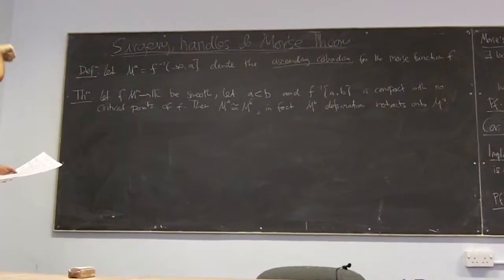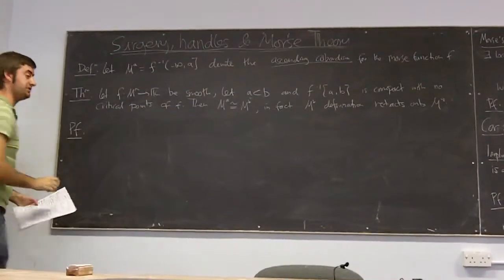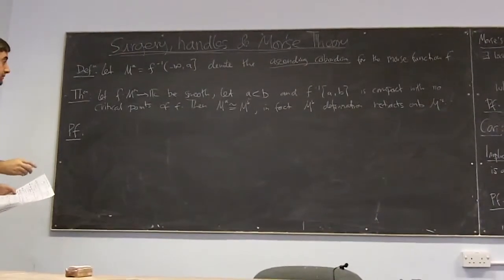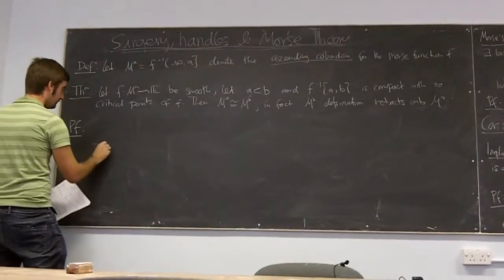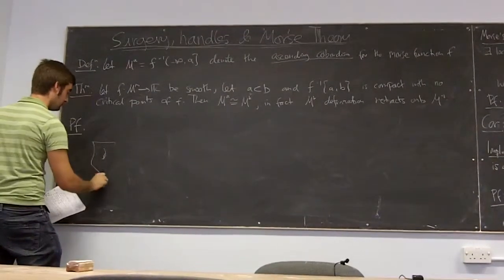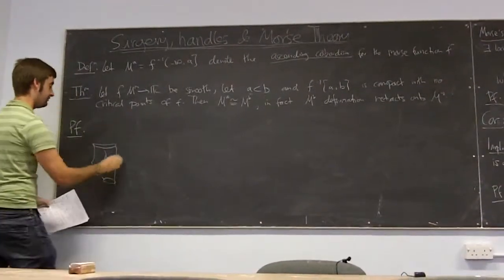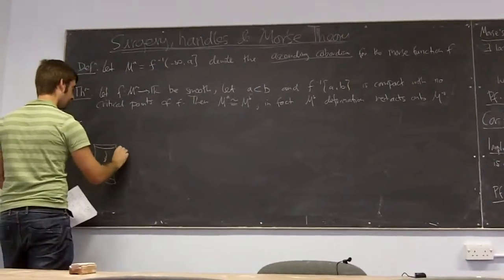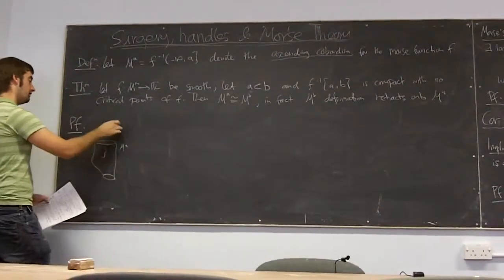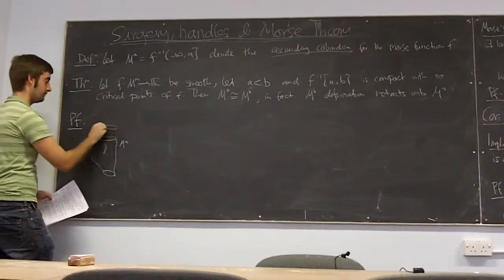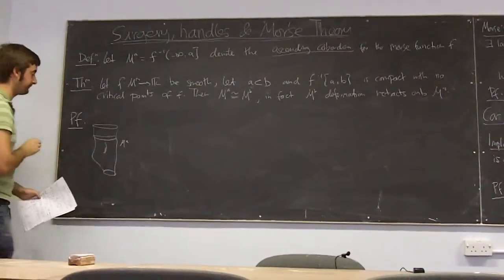So the proof, or at least the justification, is quite simple. Say you have, this is MA, and then you consider height B, and you look at the inverse image.